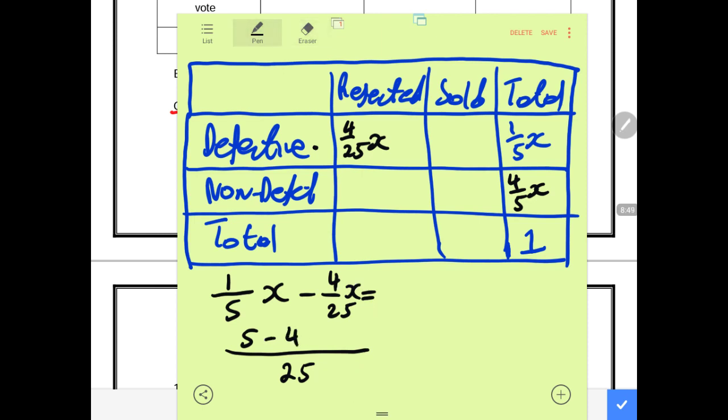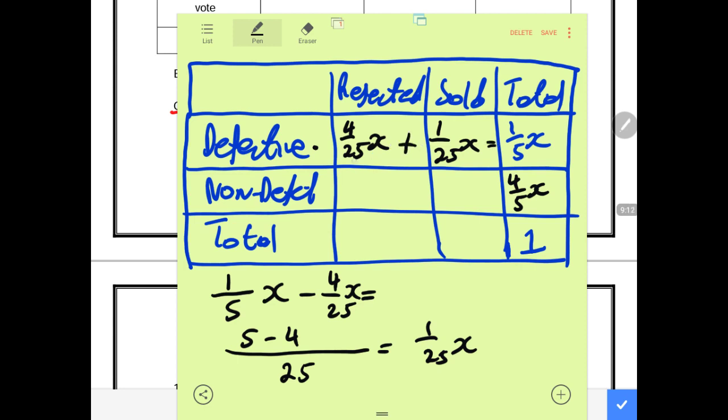Then we say 5 minus 4, it will give us 1/25X. That means those that are defective and sold will be 1/25X.